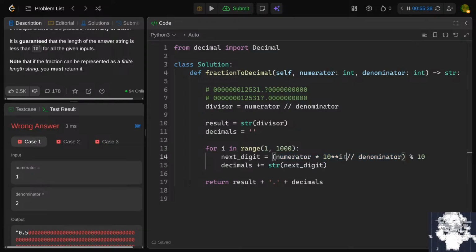The integer division here makes it hard for me to keep some kind of rolling number, because I could do a regular division.